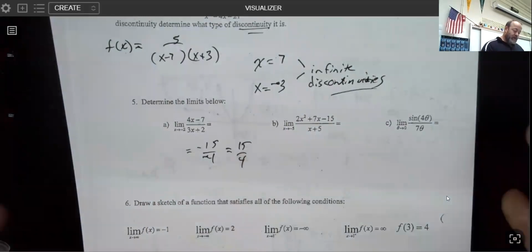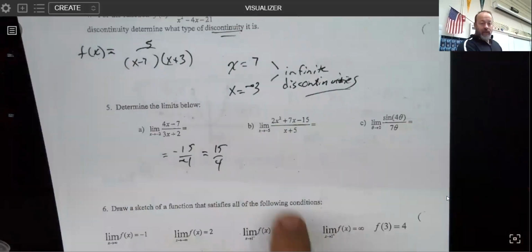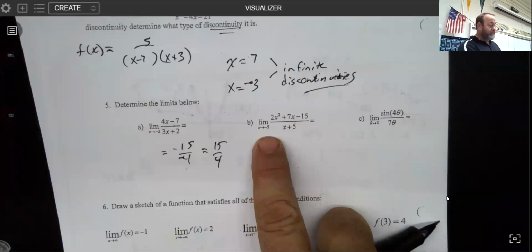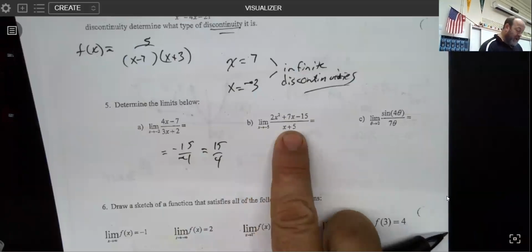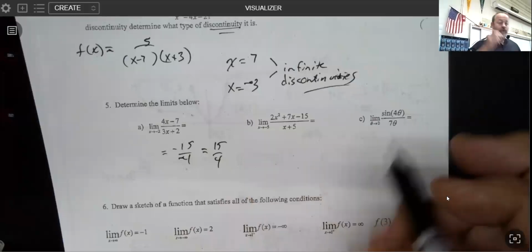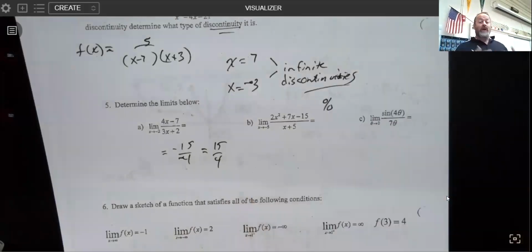Now, this next one, we do have a little bit of an issue happening because we're getting close to negative 5. And if you did plug in negative 5 into the top, you're going to end up getting 0 over 0, which is one of those things you want to look at. Do I need to do work, or do I just say 0 over not 0, or not 0 over 0, or something else?